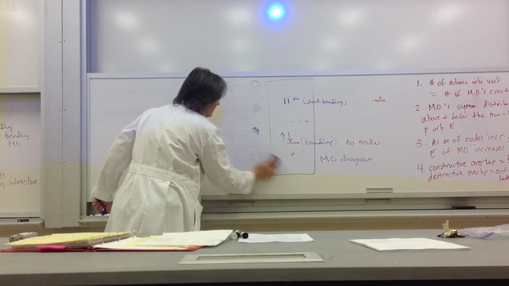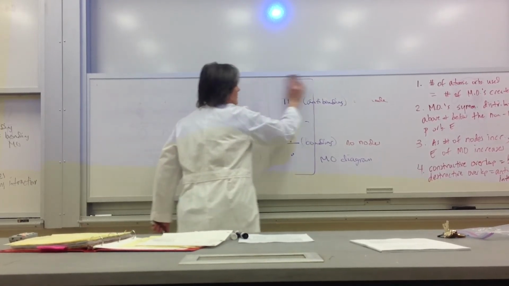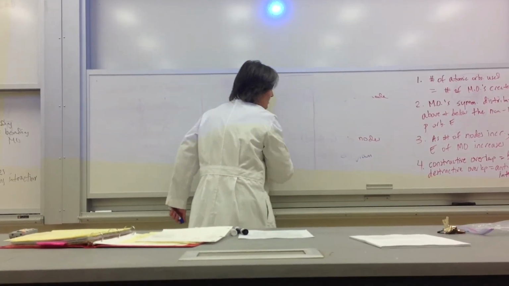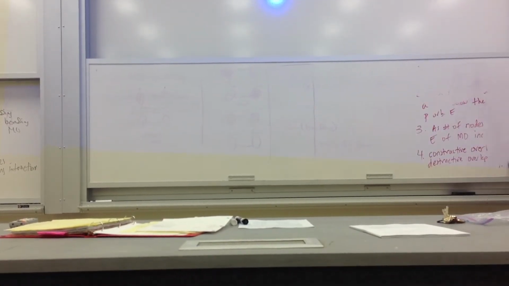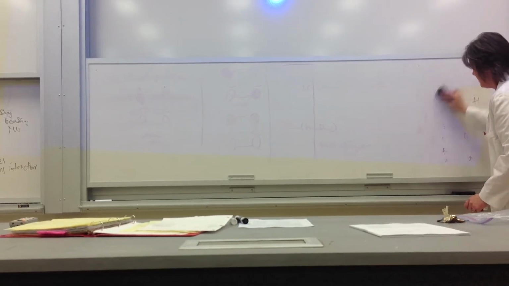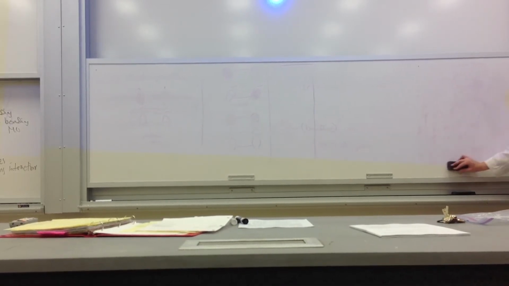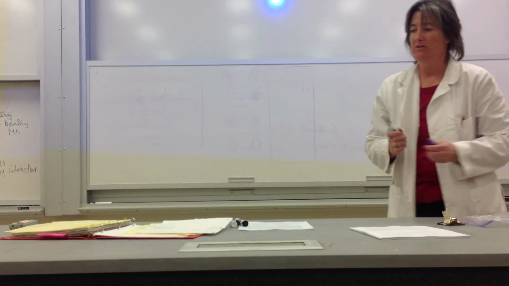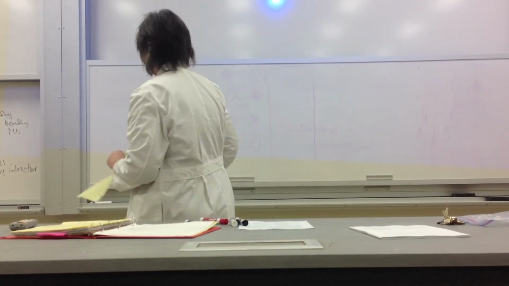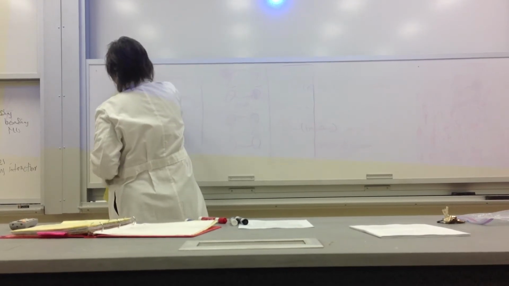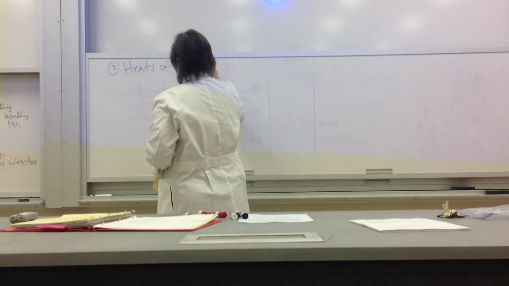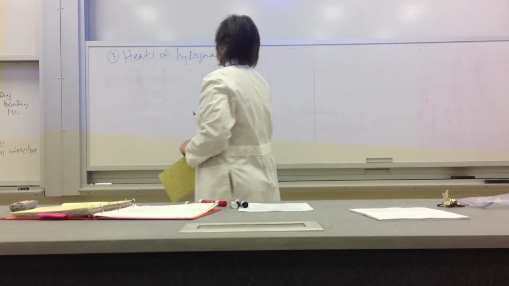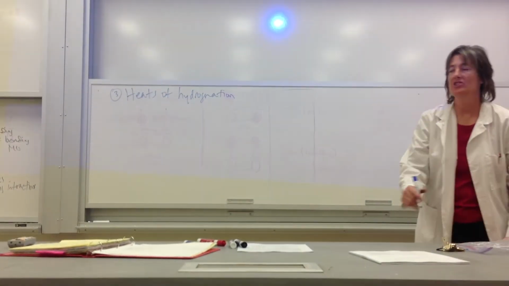The stability due to this extensive conjugation is seen in heats of hydrogenation. So we need to quickly review the hydrogenation reaction, I think. So our third piece of evidence. All right, a hydrogenation reaction.